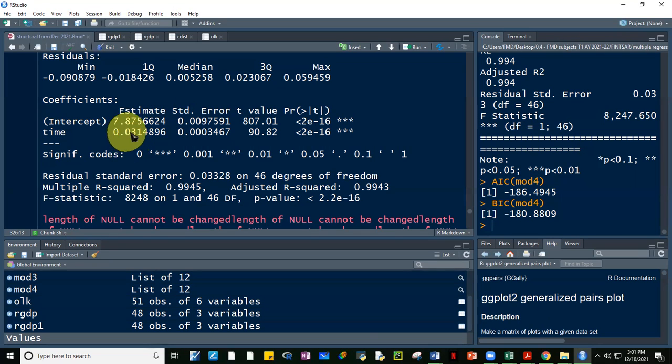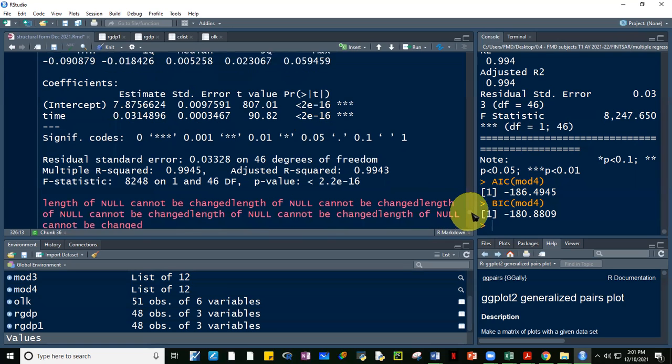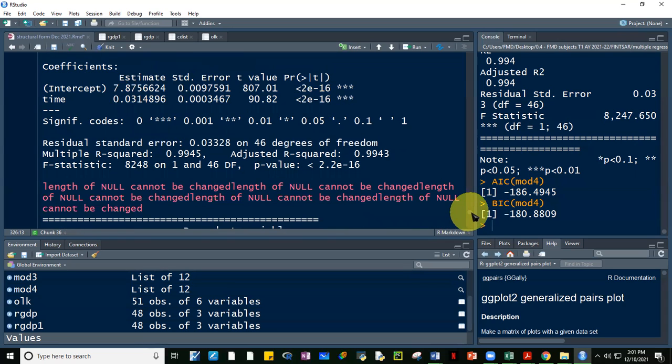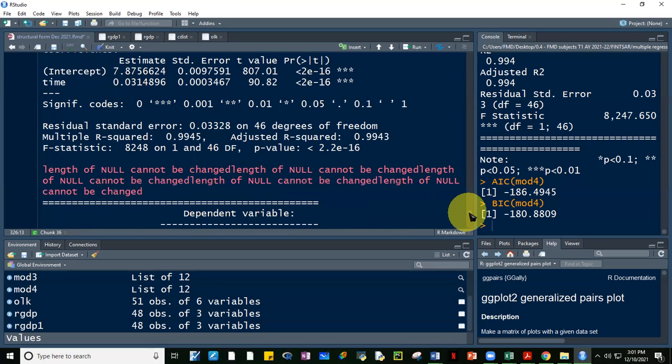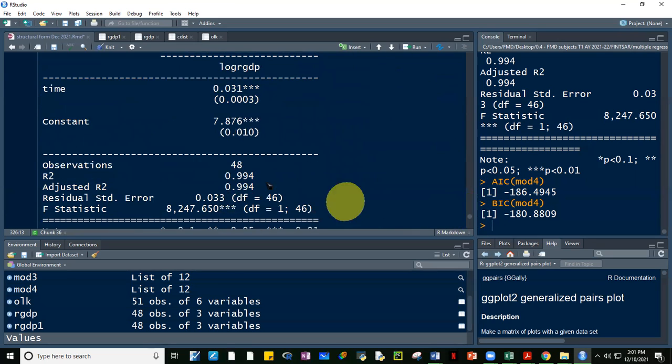There is a corresponding 3.15% increase in output. Ceteris paribus. Wala naman. Okay, isa lang naman siya, no? So hindi na kailangan ceteris paribus. Okay? So ito 'yon, no? Ito yung 0.0314.